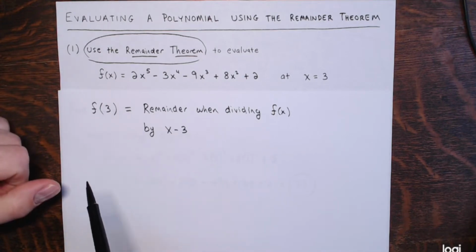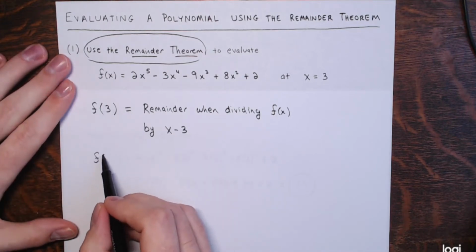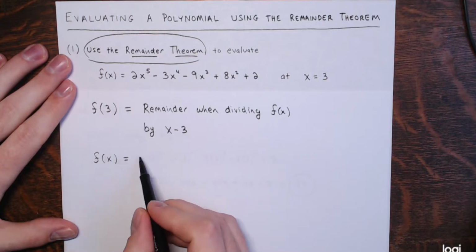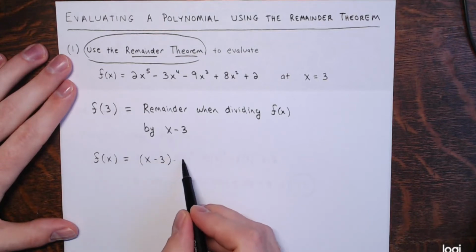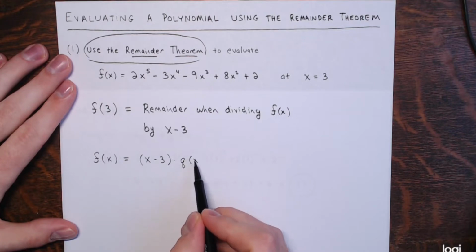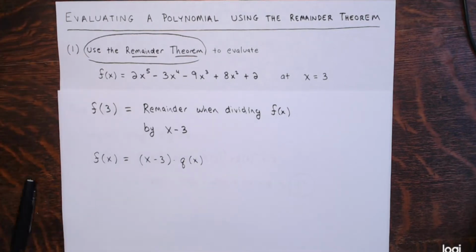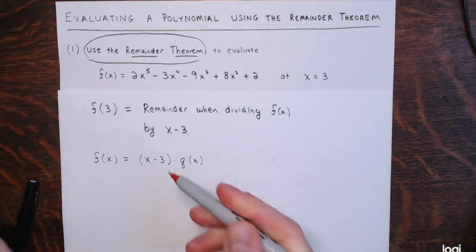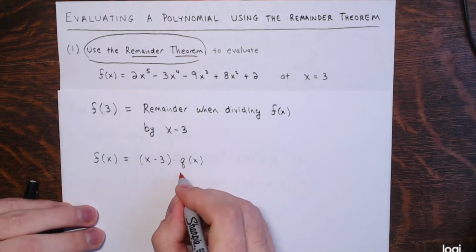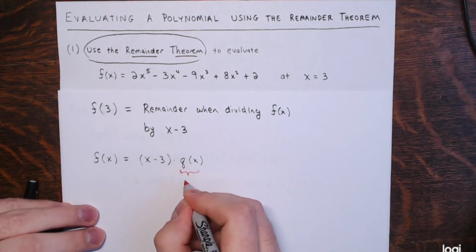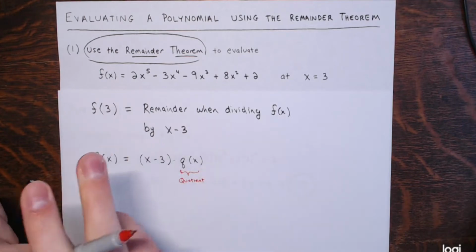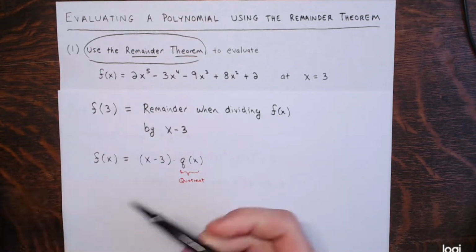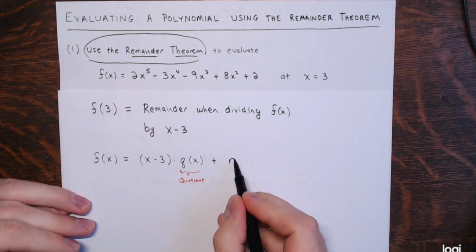Because again, f of x is going to be equal to x minus 3 times some quotient, q of x. This is the quotient, which I don't know what it is yet. I haven't done the division, but there's going to be some quotient, and then plus some remainder, which they were calling r.